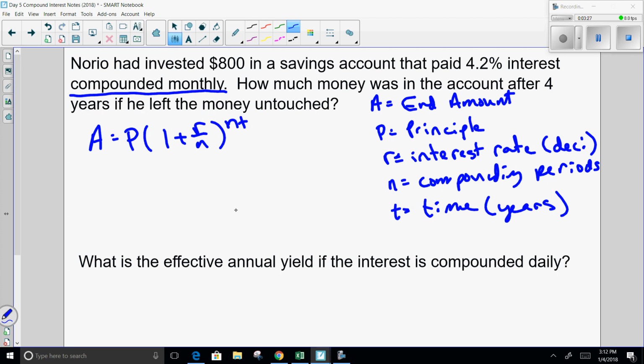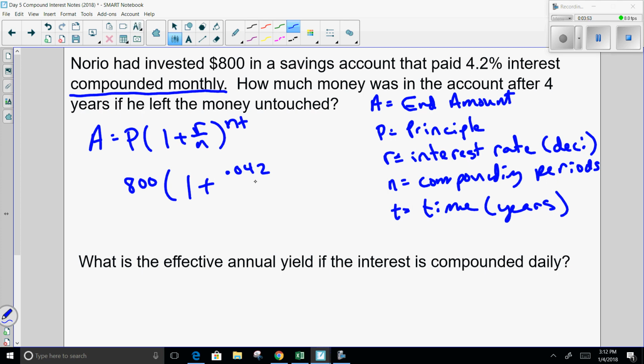So basically what you're going to do is go through here and start by saying, okay, Norio has invested $800 in a savings account. 800 is the initial investment. That's the P value, so that becomes 800. Parentheses, 1 plus. It says the savings account paid 4.2% interest. So you need to take the r and write it as a decimal, which means you have to move the decimal place 2 places to the left.